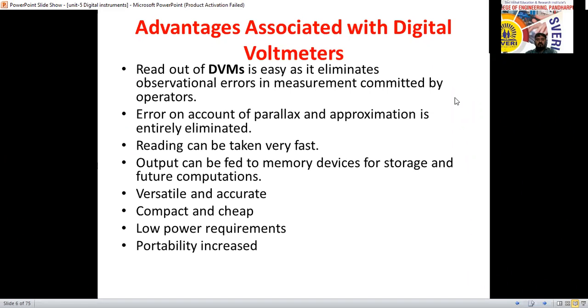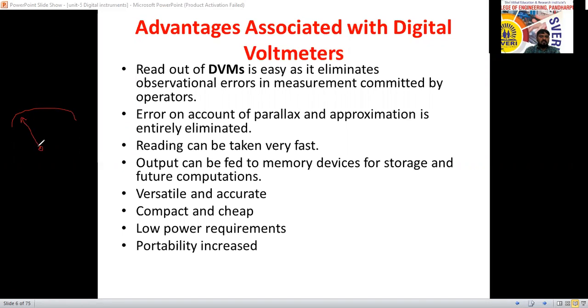So the readout of digital voltmeters is easy, as it eliminates the observational error in measurement committed by operators. While doing the observation, what are the observational errors? Suppose the scale is here, and it is going to show some value.